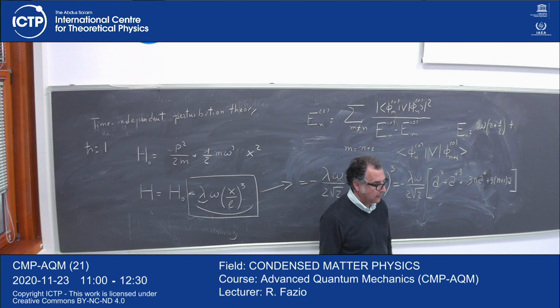Is equal to 0. Why? Because the a makes the wave function become a square, a power 3 lower down.